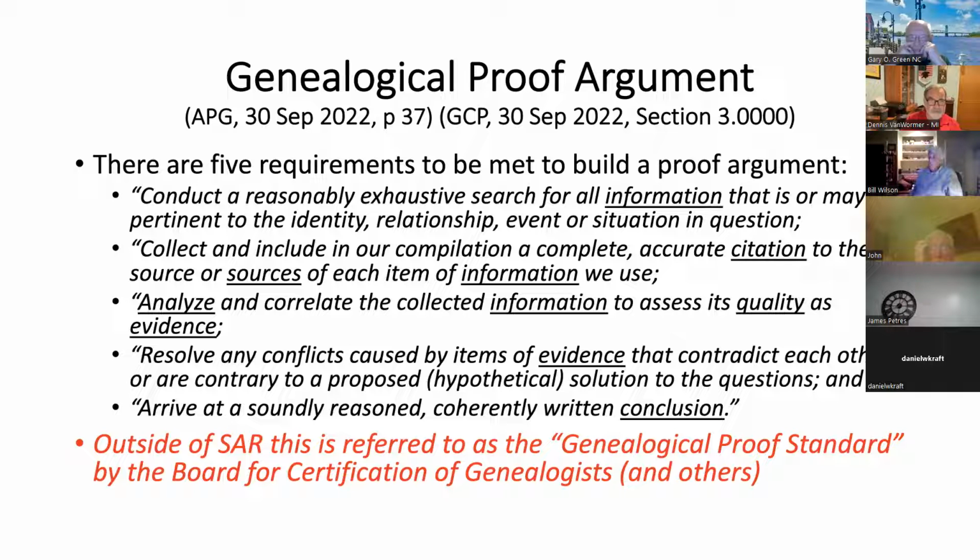It is what it says, and when it comes down to it, it's your reviewers, whether they're chapter or state reviewers, or whether it's the staff genealogists in Louisville, that are going to decide what's a reasonably exhaustive search. I will be showing you some examples of that before the night's over to give you an idea. But you can't say, well, I got 3 pieces of information, for instance, that's all I need.